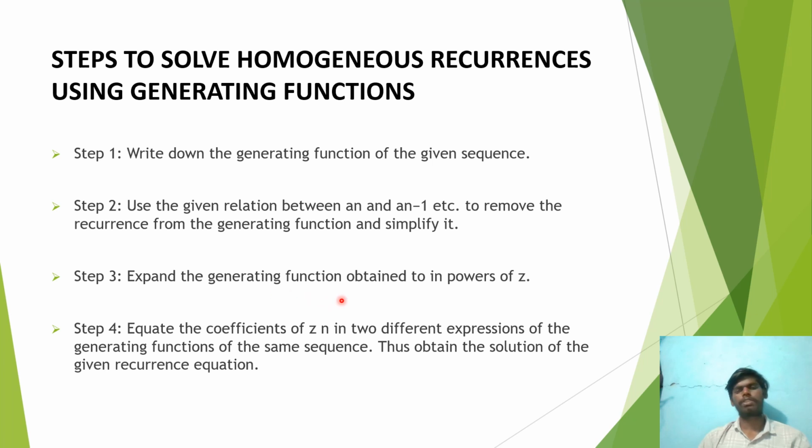Third step: expand the generating function obtained in powers of z. Here the variable can be z or x or y, any variable. Fourth step: equate the coefficients of z^n in two different expressions of the generating function of the same sequence. Thus we obtain the solution of the given recurrence equation. So we can use these four steps to solve the given recurrence problem by using generating functions.